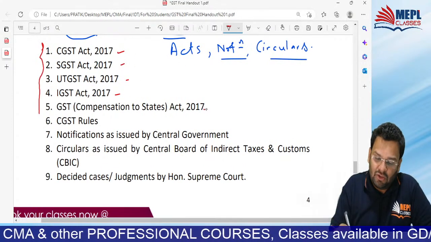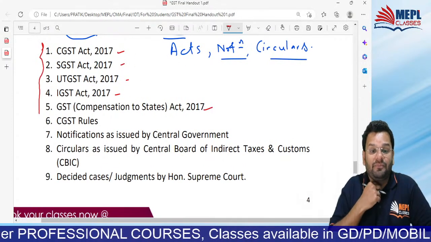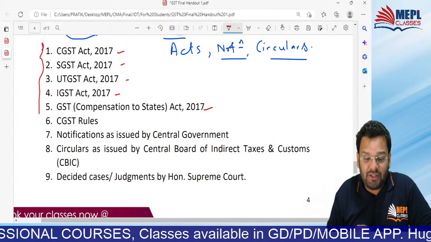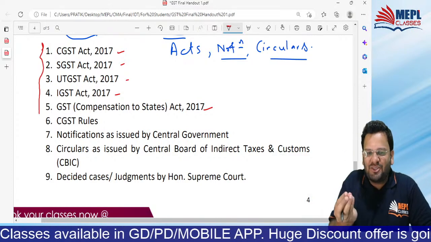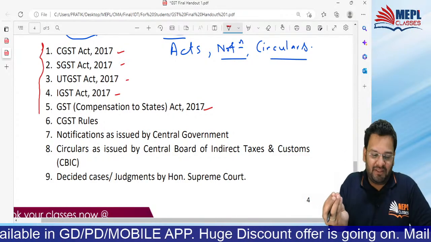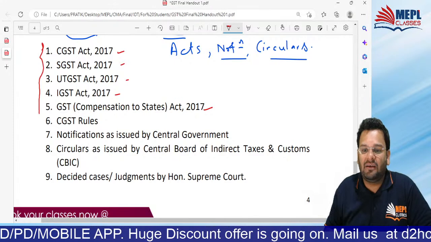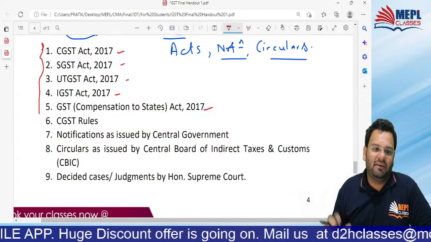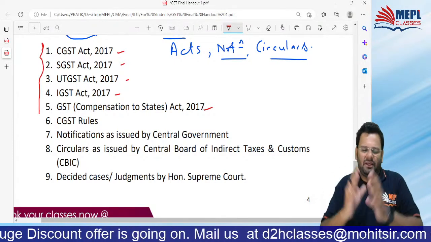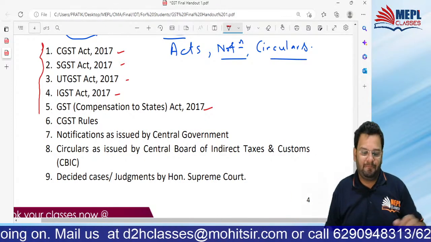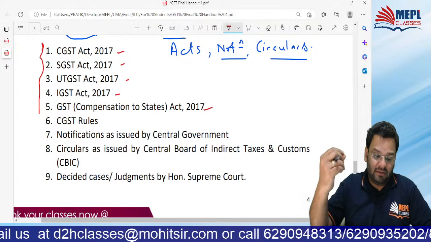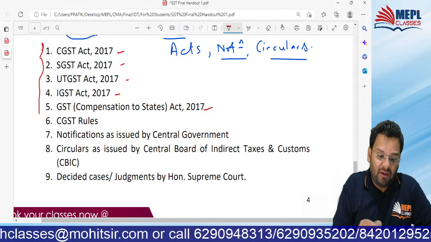So how many enactments are there? There are 5 enactments. We are going at a very basic level, and it's okay that you are studying the subject with a blank mind. Absolutely fine. So these are the 5 enactments.